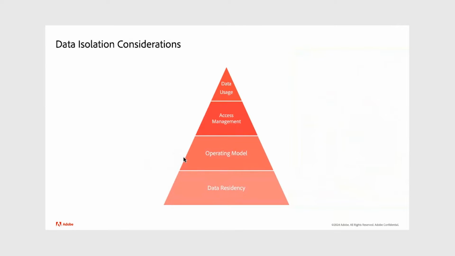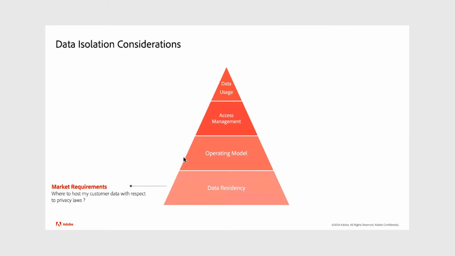First of all, data residency is one of the key criteria to take into account in order to best determine what your data isolation strategy would be. The question you have to answer here is where to host my customer data with respect to privacy laws. That will directly guide you to the region where your AEP instance will be located.